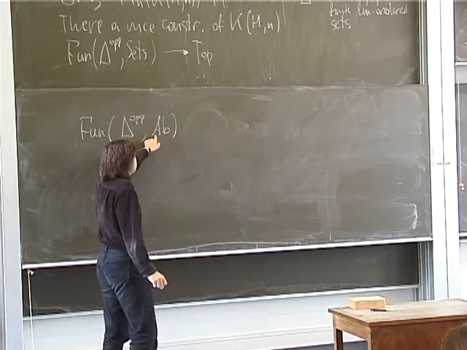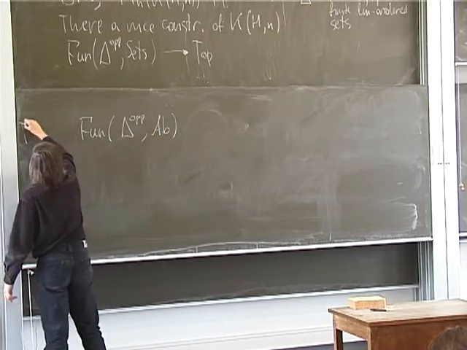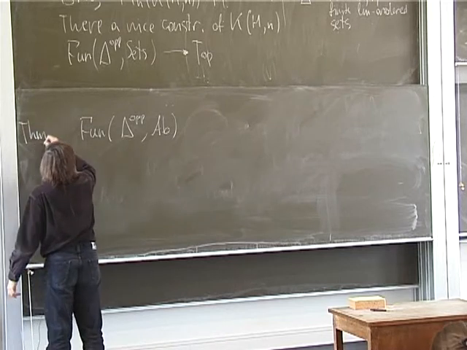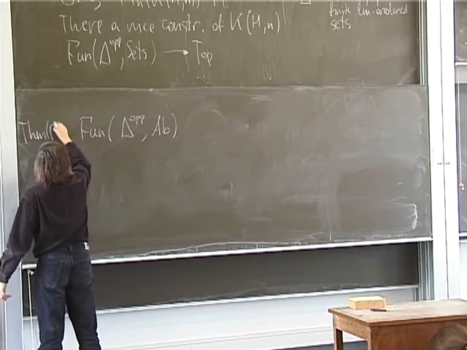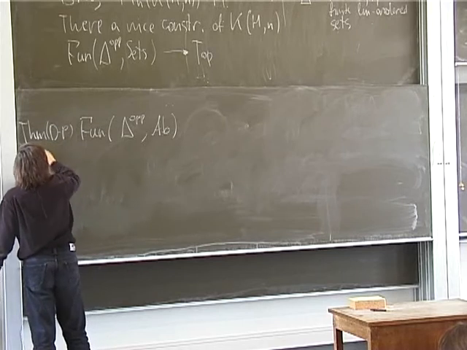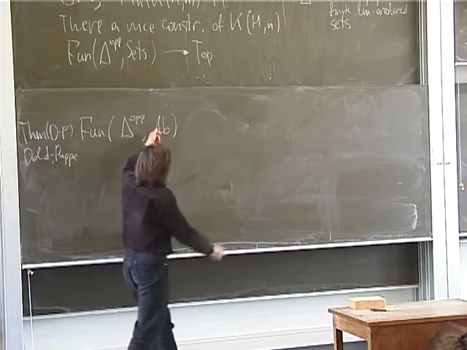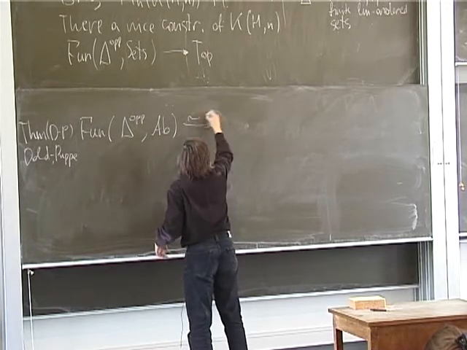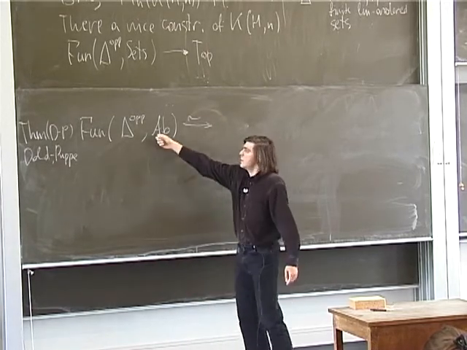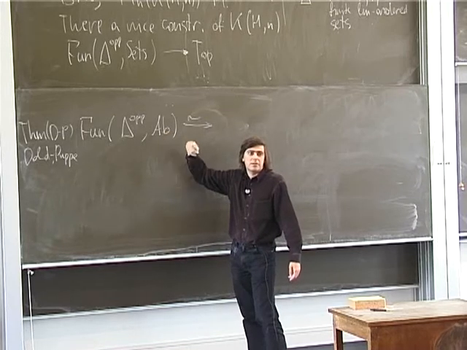But the completely surprising fact is a theorem by Dold and Puppe, that this category is actually equivalent to the category of complexes of abelian groups placed in non-positive degrees.